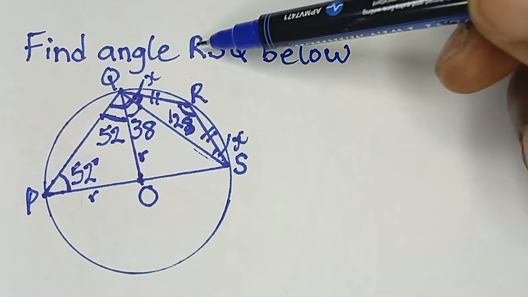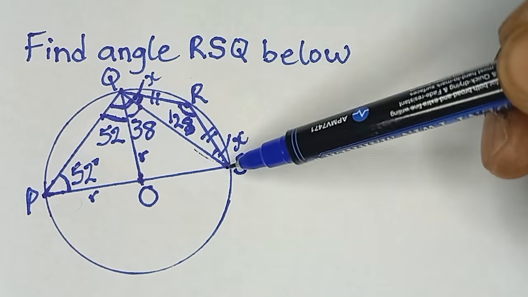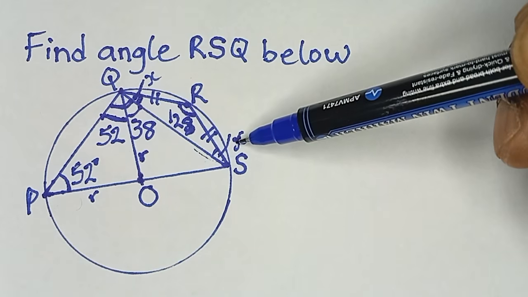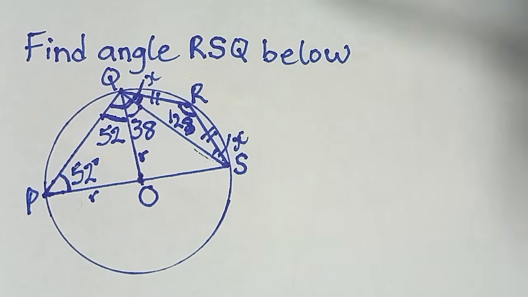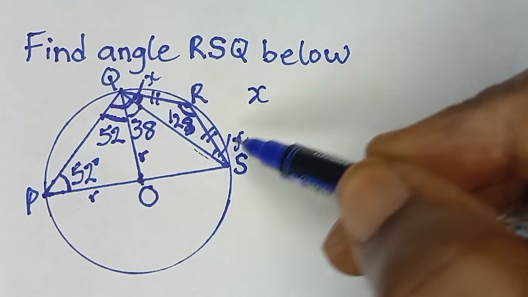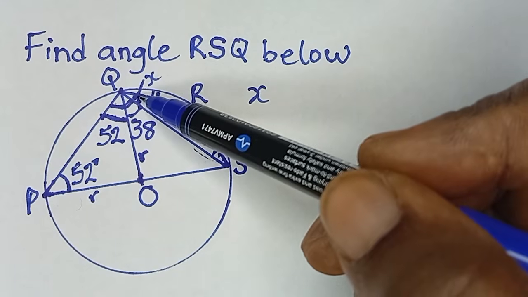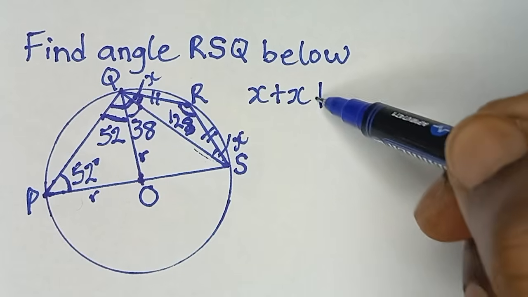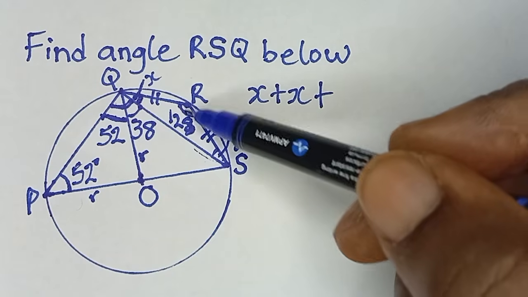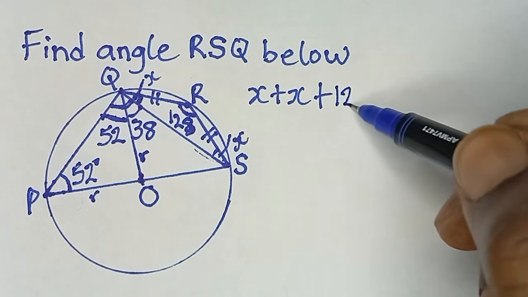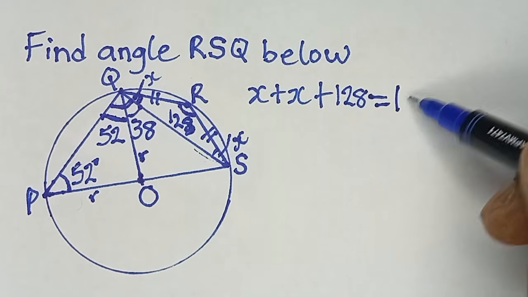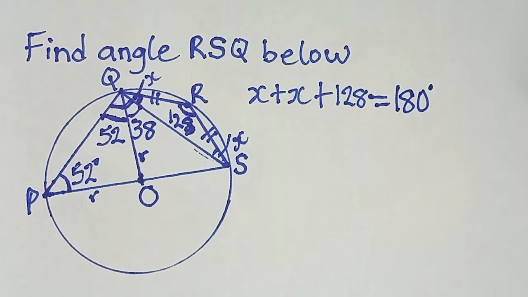And don't forget, we are looking for RSQ, which is this angle x that I just marked. With respect to this triangle, we can simply say x, plus the other opposite angle there, which is also x, plus 128 degrees, everything is equal to 180 degrees, because the sum of angles in a triangle is 180.